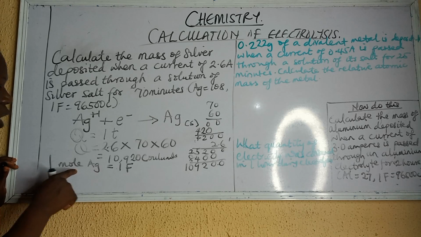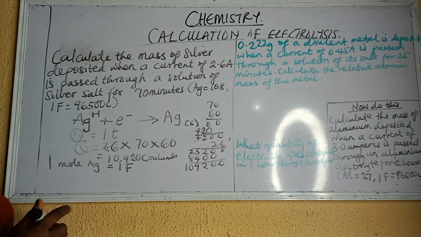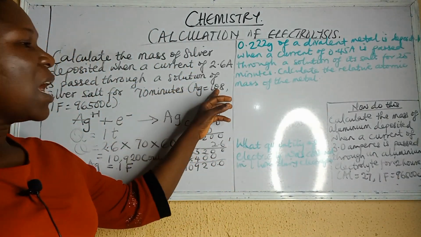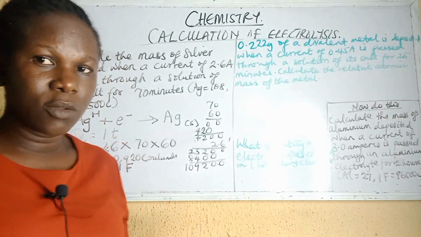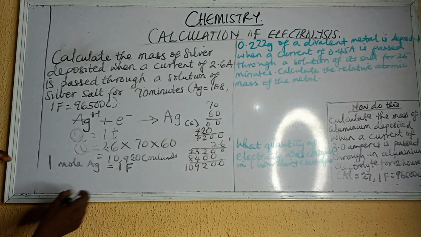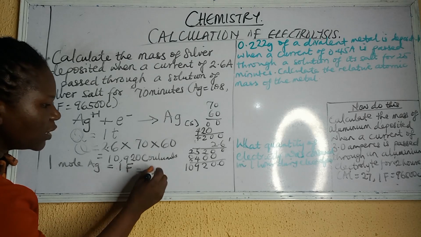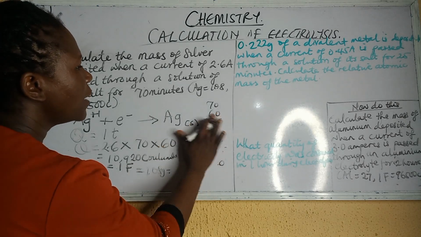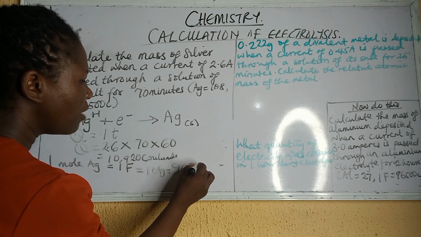Now, because the question is asking us to calculate mass, 1 mole of silver will be converted to mass. The molar mass of silver, the mass number, is 108 gram. So we'll say 1 mole of silver, which is 108 gram, will be yielded by 96,500 coulombs.